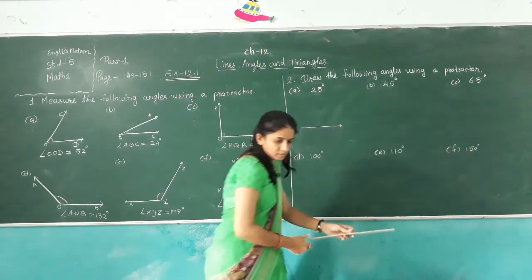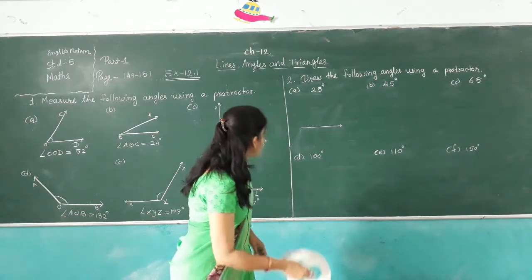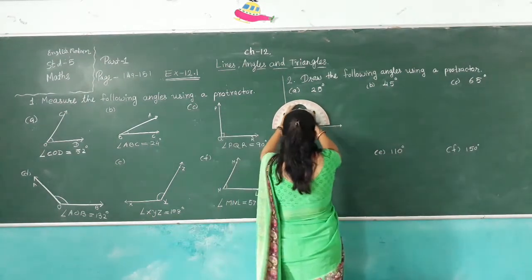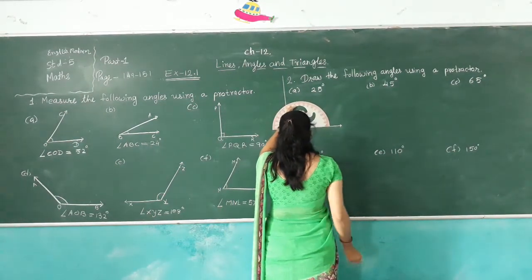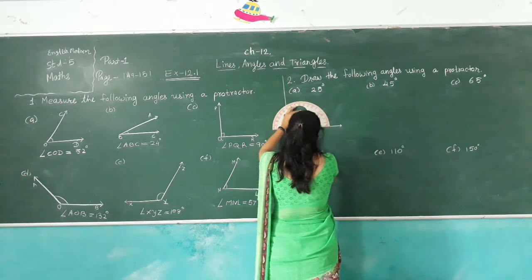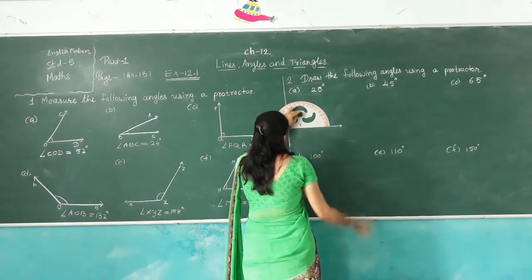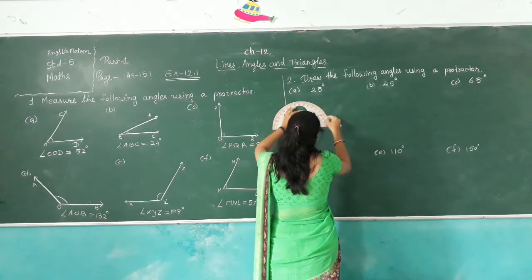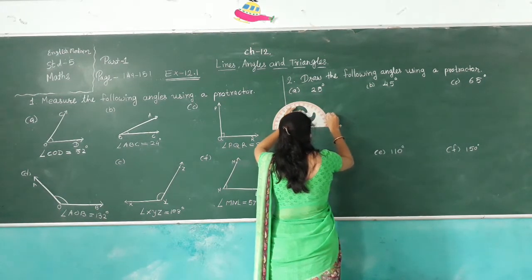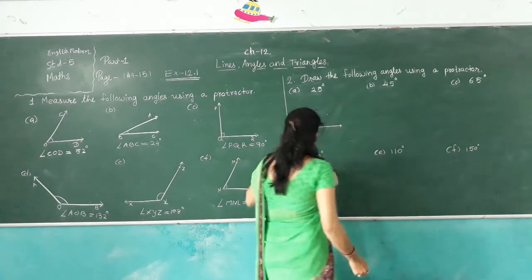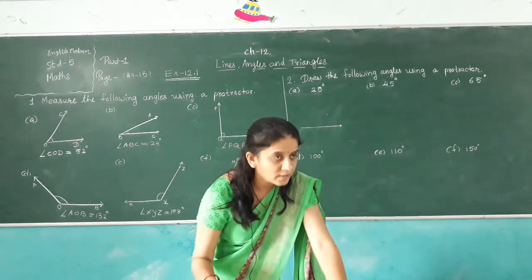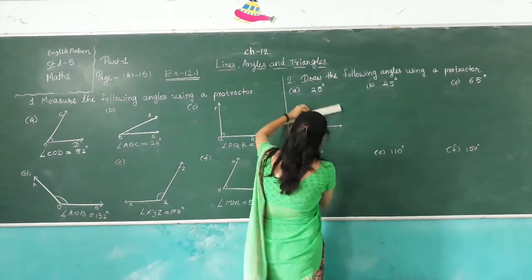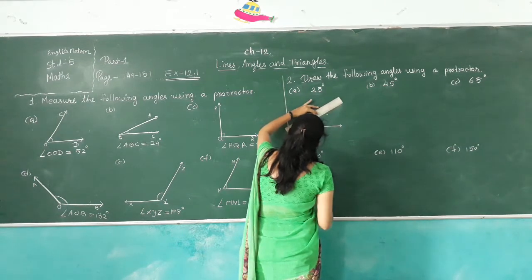Then keep the protractor on the end point of the ray, with the base on the horizontal line, then 25 degrees. So 0, 10, 20 and 25. Put a dot here and join it with a scale.